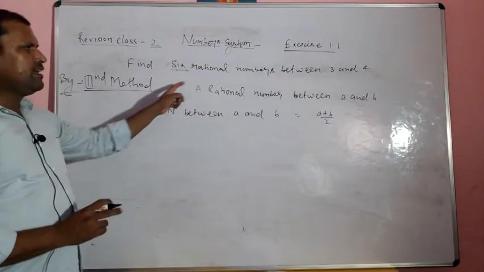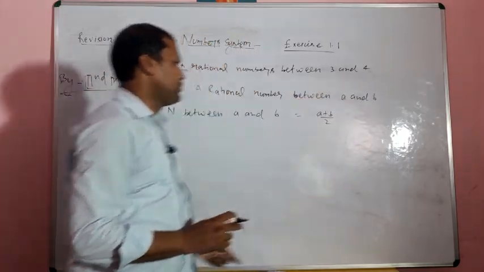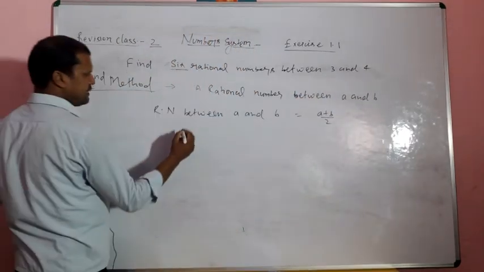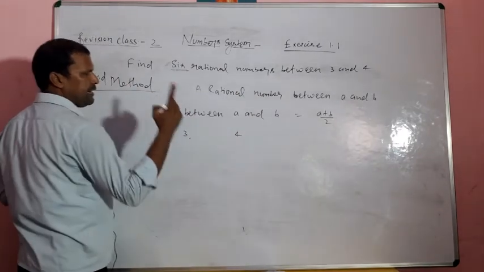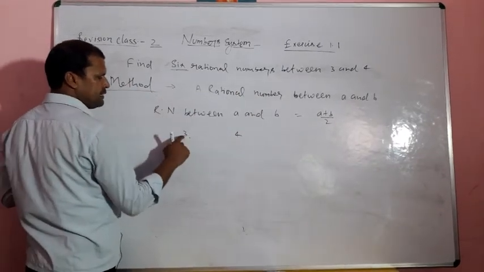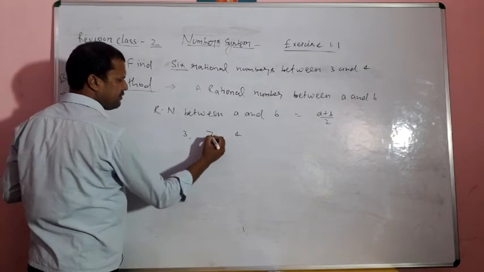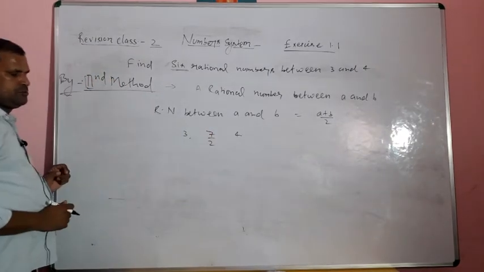So a rational number between 3 and 4, with 3 in the place of A and 4 in the place of B, is (3 plus 4) by 2, that is 7 by 2.